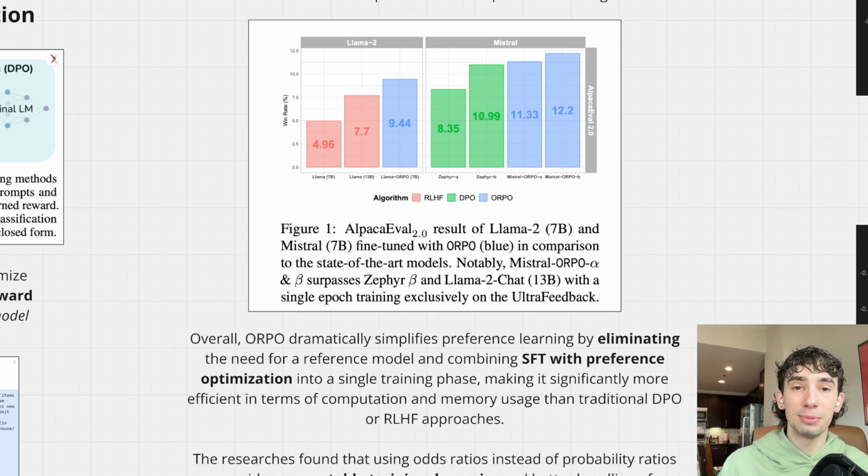It dramatically simplifies preference learning by eliminating the need for any reference model and combining supervised fine-tuning with preference optimization into a single training phase. This makes it significantly more efficient in terms of computation and memory usage than traditional DPO or RLHF approaches.